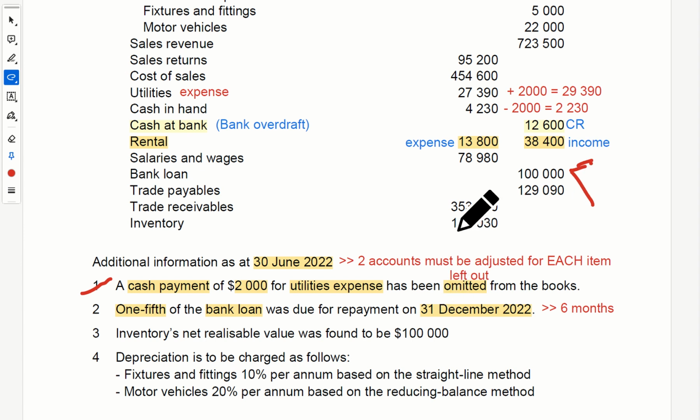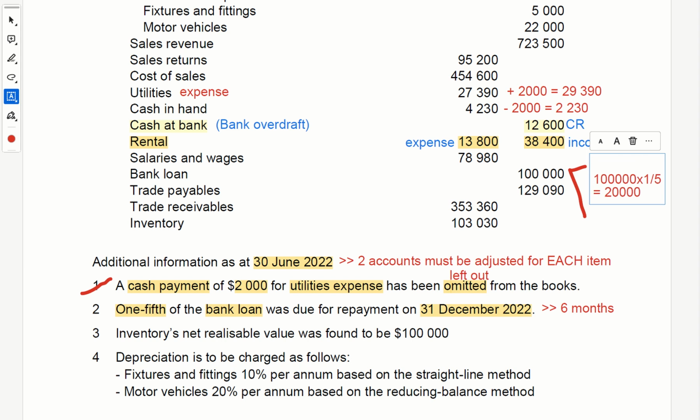All right. And I'm going to split 1/5. 100,000 times 1/5 is 20,000. Now this 20,000 has got a special name.